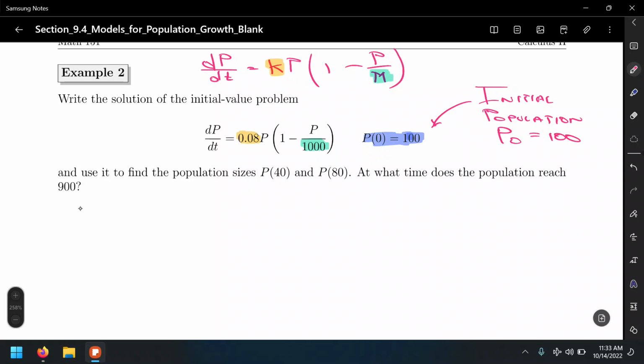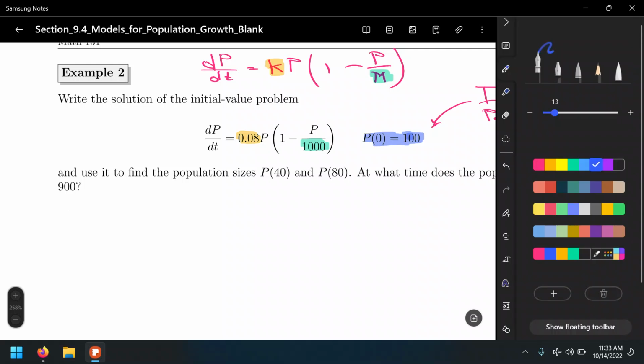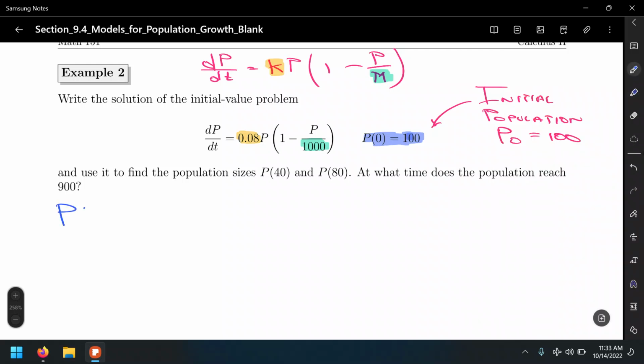Let's write down the solution to the equation from the previous page. P of t equals M over A e to the negative kt plus 1, where in this case we need to find the value of A. Remember, we gave it a separate name, so A equals M minus P initial over P initial.